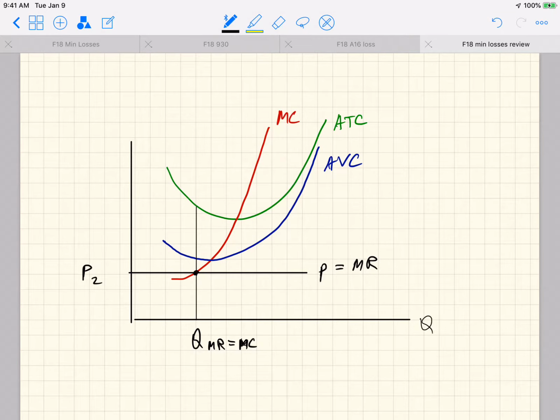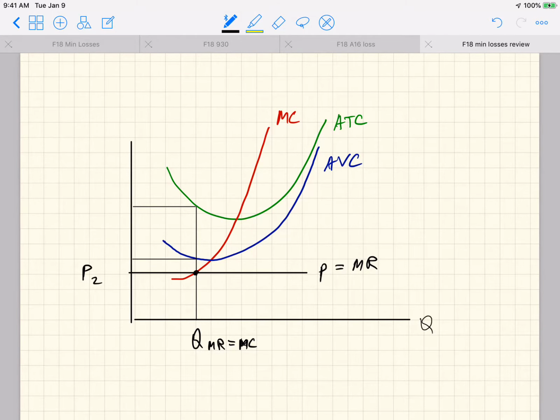Alright, so again, we'll need what? We'll need ATC to find our profit, and also fixed cost. And we will need AVC again to find fixed cost on this diagram.